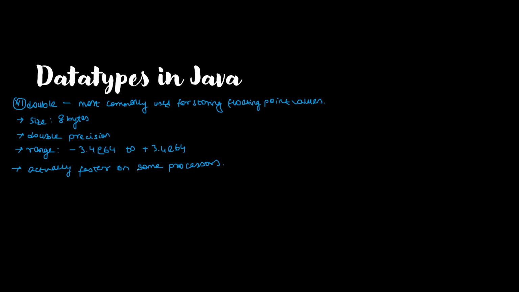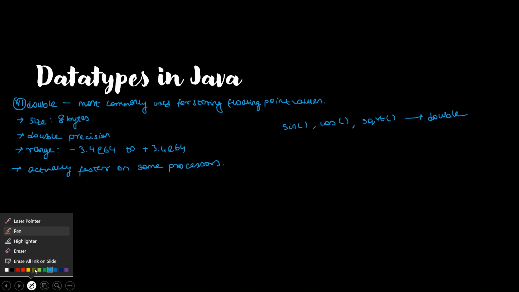All the math functions that we are going to see and talk about, like sine, cos, and sqrt, all these methods return double data type values. So it is actually faster on some processors because some modern processors have been optimized in order to handle double type. And this is where we finish off with the floating point types.